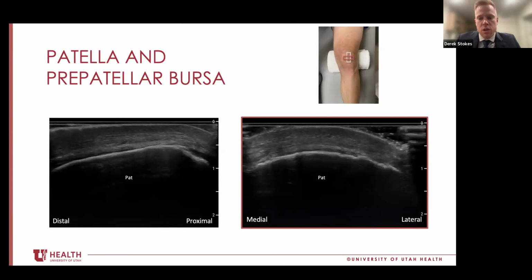And for that evaluation, you do need to use very light transducer pressure. Otherwise, you're going to collapse those tissues and that fluid plane together, and you wouldn't see it regardless. However, in our case, we don't see any cortical irregularities or fluid collections within the subcutaneous tissue. Therefore, this is a normal patella and prepatellar bursa.